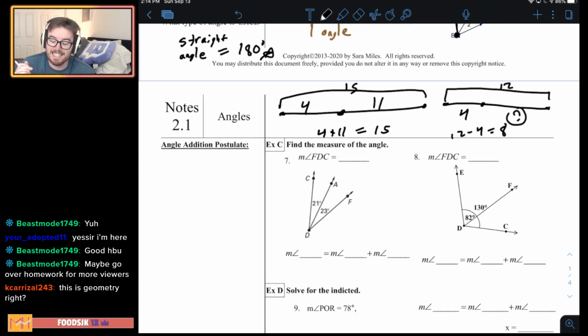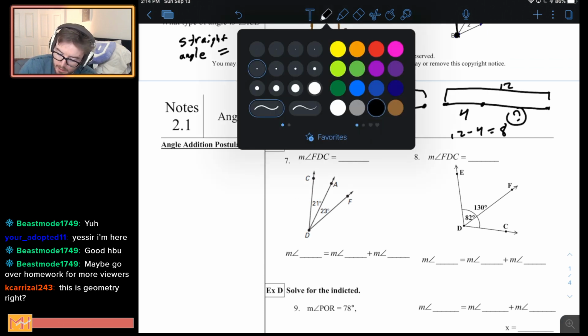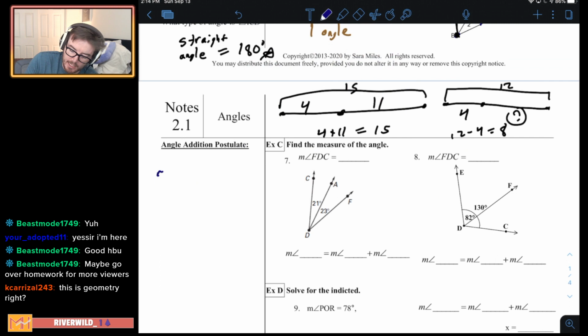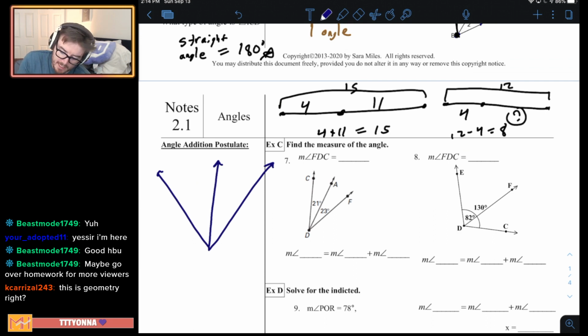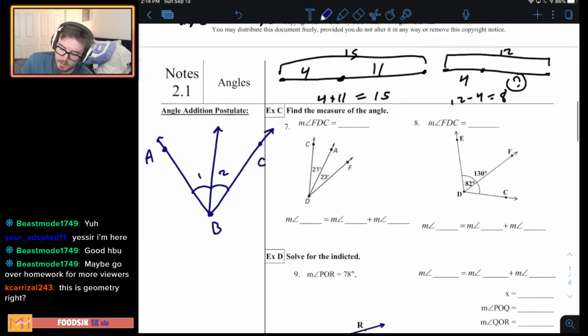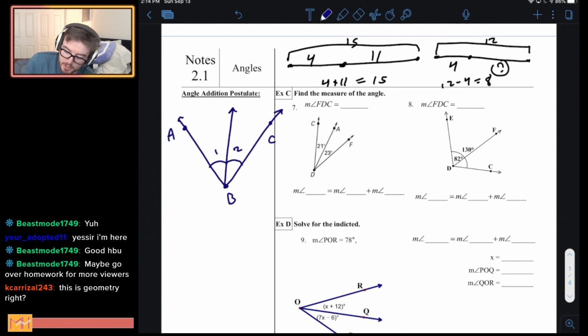Those were the type of problems that we saw with the segment addition postulate. We're looking at the exact same thing for the angle addition postulate, okay? Literally, except we're talking angles instead of segments. So let's say this is angle 1, and this is angle 2, and then we'll call this A, B, C. The angle addition postulate says angle 1 plus angle 2 equals angle ABC.